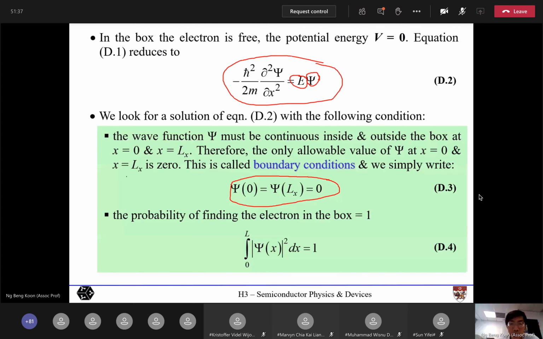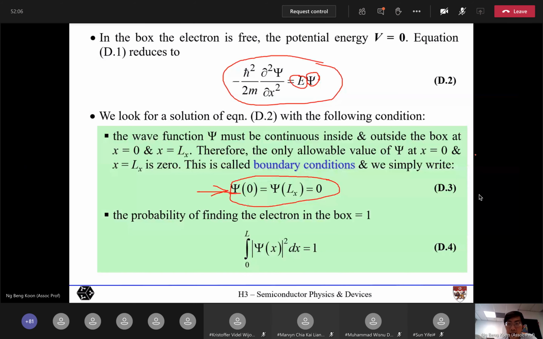So we can use this as a boundary condition to solve for a specific solution, where the wave function will be equal to 0, meaning the probability of finding an electron at the edge or beyond is 0. Remember, the magnitude square of the wave function gives you the probability of finding an electron at that position. If it's equal to 0, there's no chance of finding an electron there.